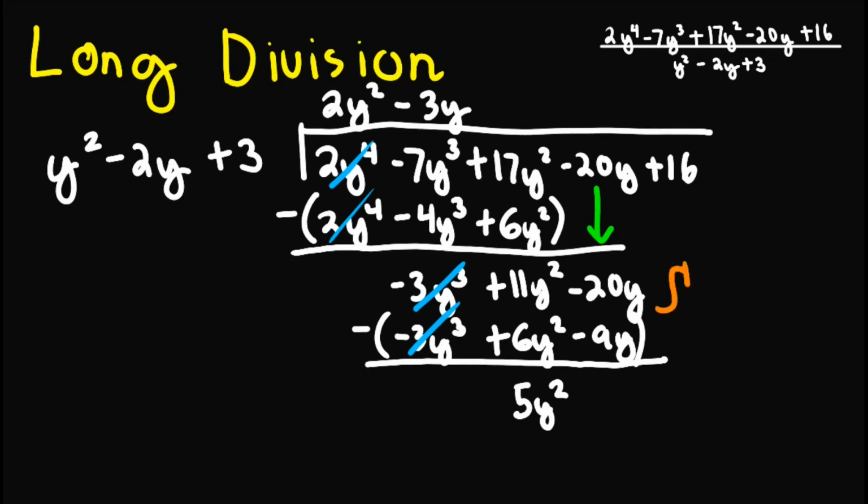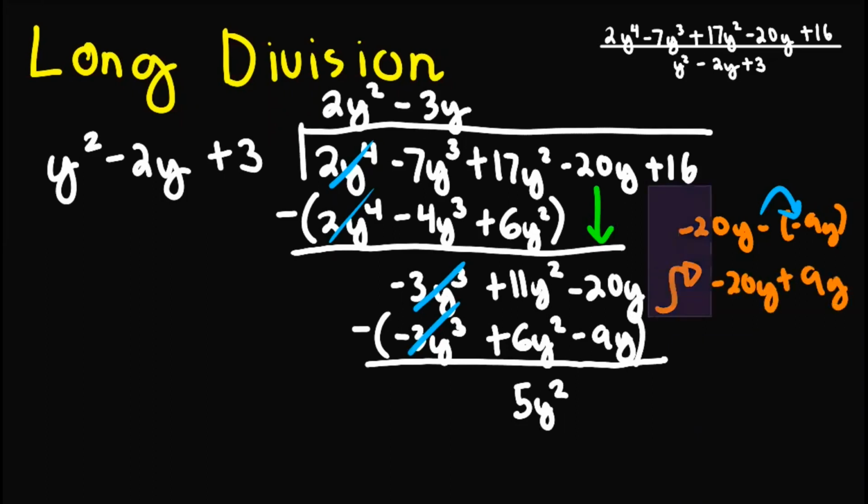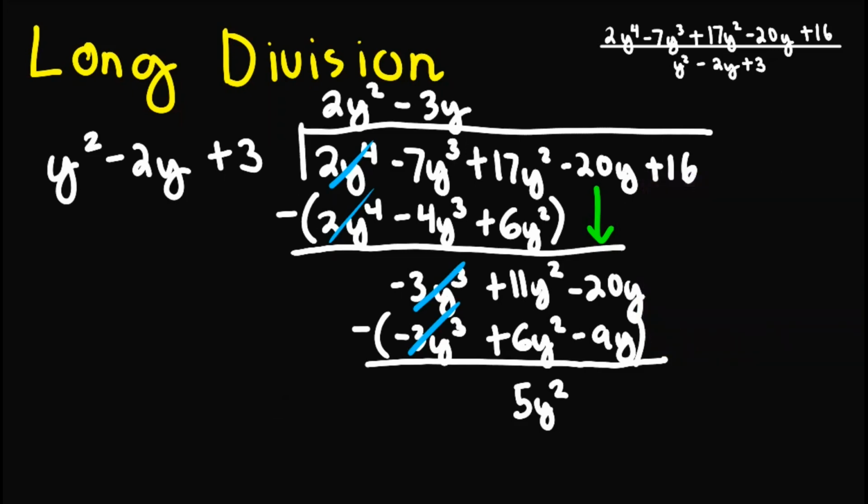We distribute the negative operation out here, giving us negative 20y plus 9y, or simply negative 11y. And then we bring down the last term.